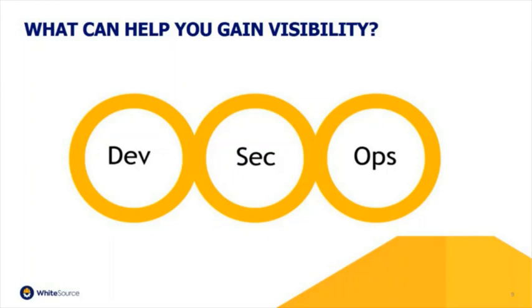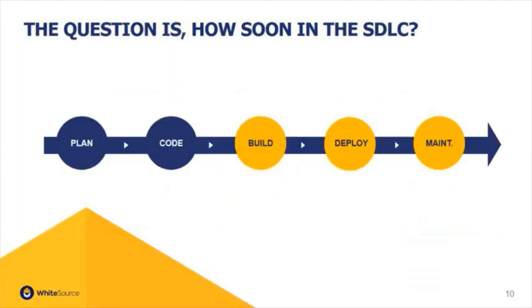And just to be thorough, what I mean when I say every phase of the SDLC is literally everything from before you code, through coding, building, deployment, and maintenance, of course. But the part where we're not doing a great job is the part in the two blue circles here: planning, which I'll cover, and coding.